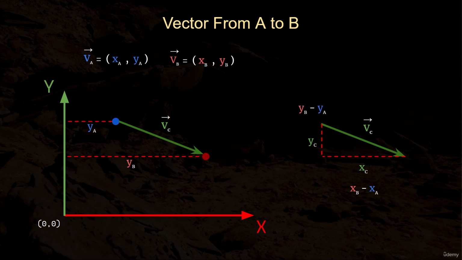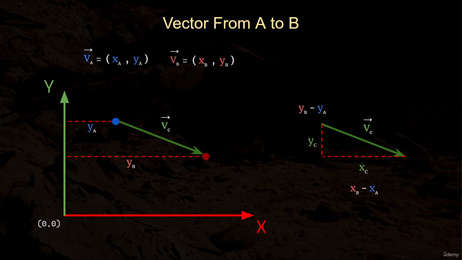Now, something kind of funny is happening here. yb, if you look at the distance from the origin traveling up that green y-axis, we'll reach yb before we reach ya. This means that yb is a smaller distance than the distance from the origin to ya, clearly. So if we take a smaller value and subtract a larger value, we're going to get a negative number, right?